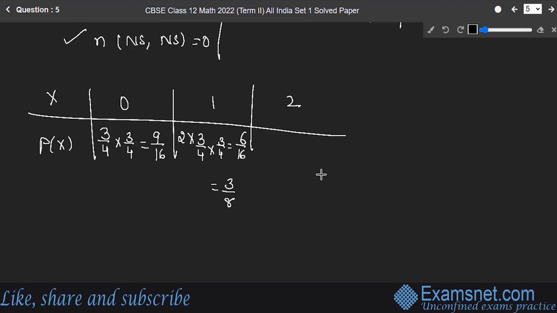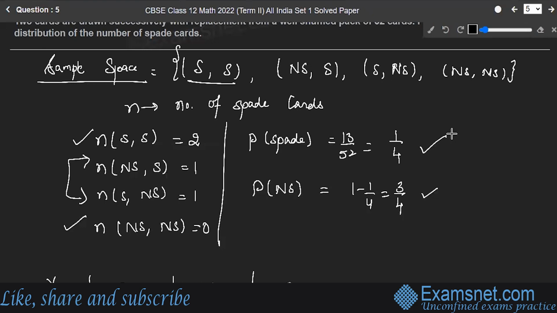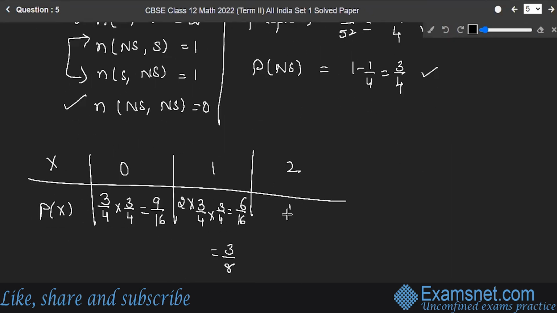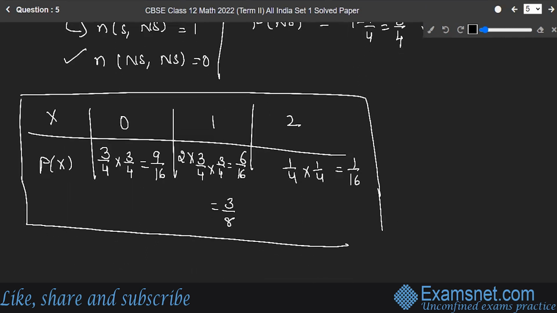And for both the spade cards, in this scenario, this is given by 1/4 into 1/4, which is 1/16. So this is the required probability distribution table. Hope you have understood that.